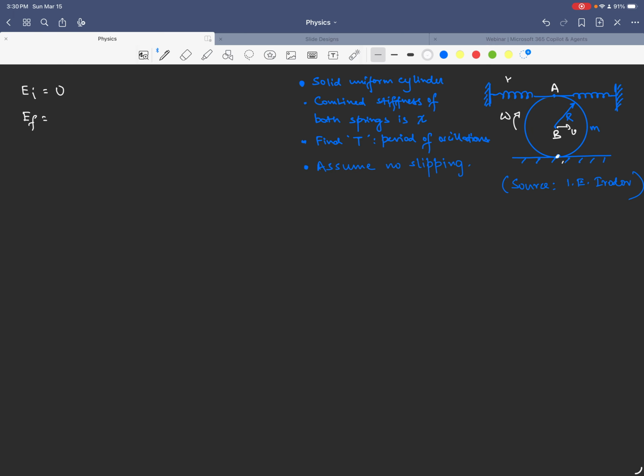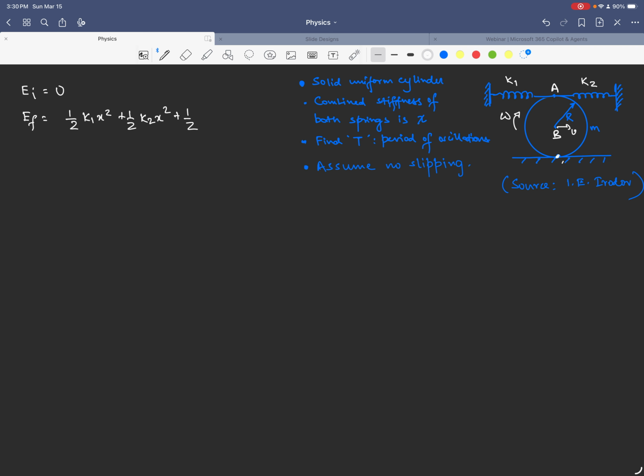Assume they have spring constants of k1 and k2. We know that the displacement of one spring, or the compression of one spring, is the extension of the other one because it's a linear setup. So we know there are two potential energies involved here. So let's just write it out as half k1 x square plus half k2 x square.